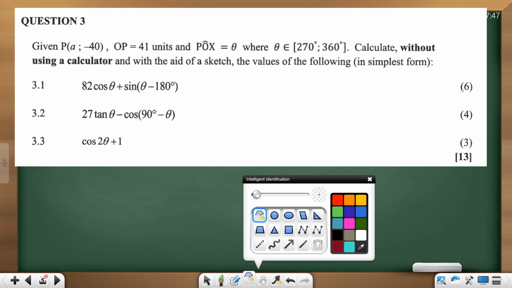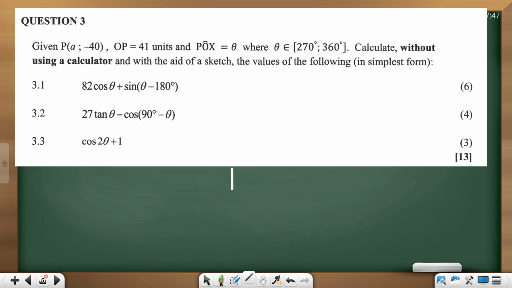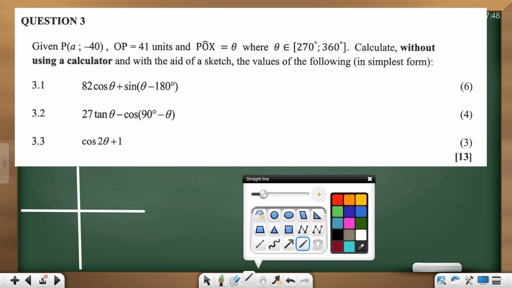Which quadrant is that? Those of you at home, talk to me. I'm waiting on you. Which quadrant is that? Awesome, the fourth quadrant. Beautiful.